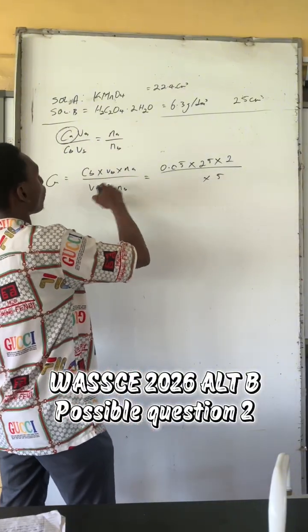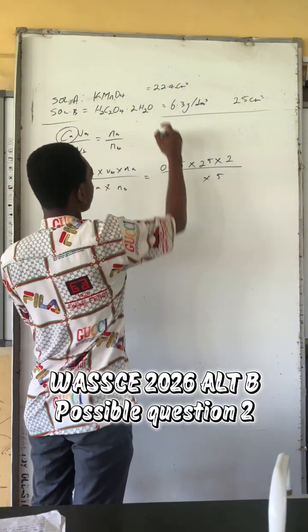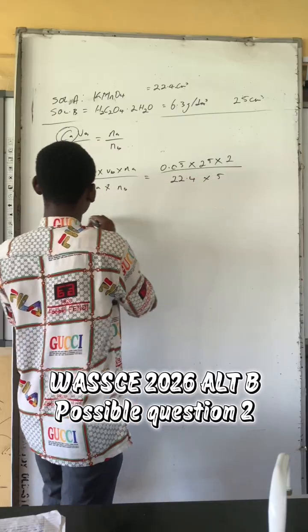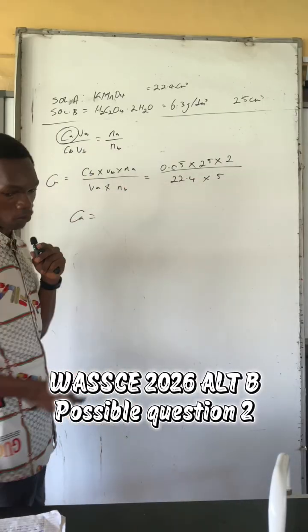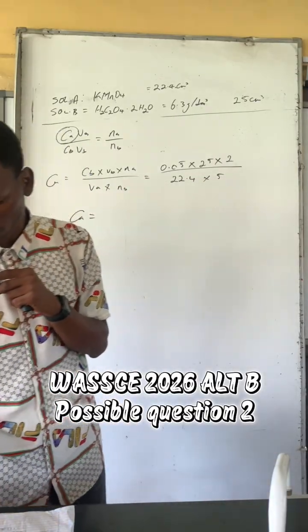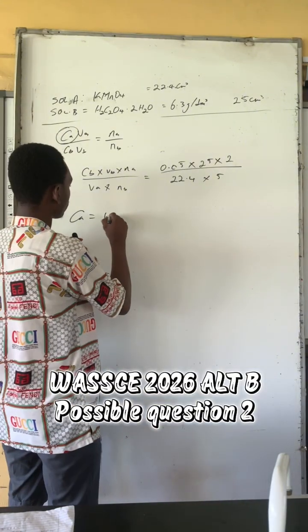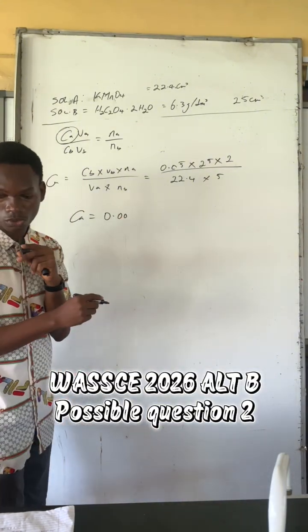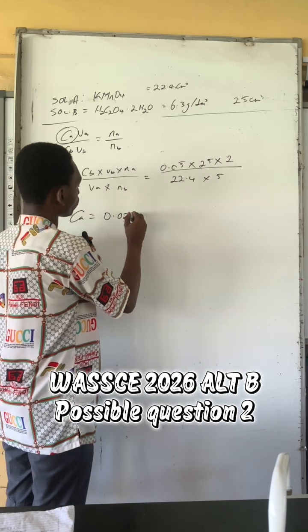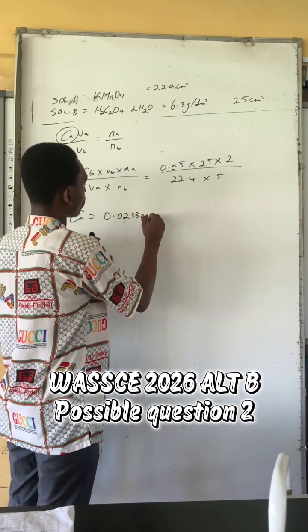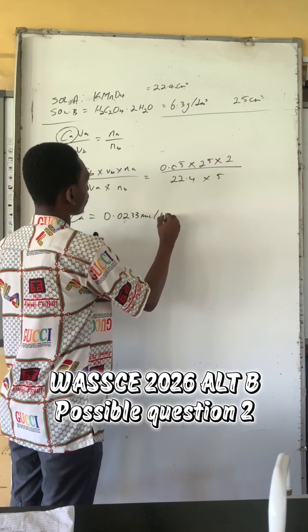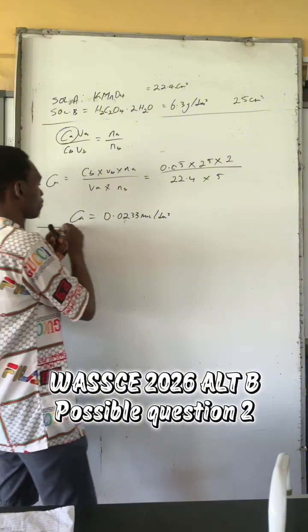The volume of this obtained at endpoint is 22.4. So if we simply divide all that, you will be left with 0.0233 mole per dm cube of A.